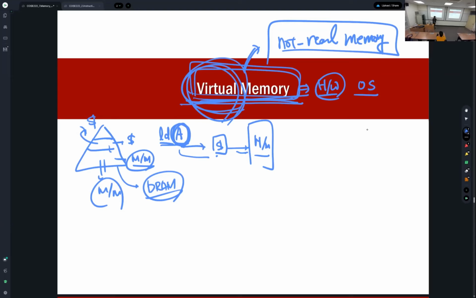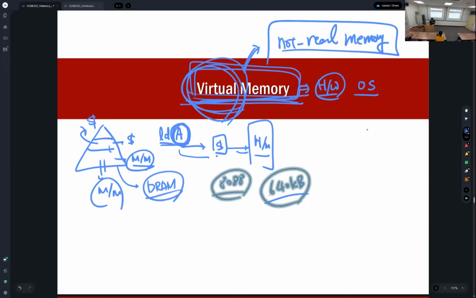I remember the old computer system, like the 88 computer system, had around 640 kilobytes of main memory. It's less than 1 megabyte. Okay, it's very small.